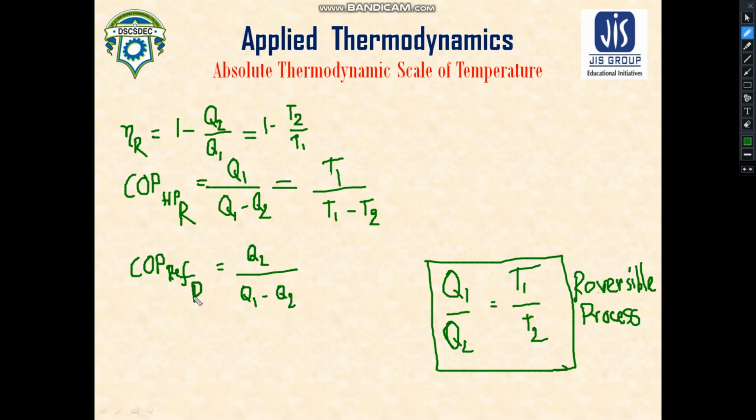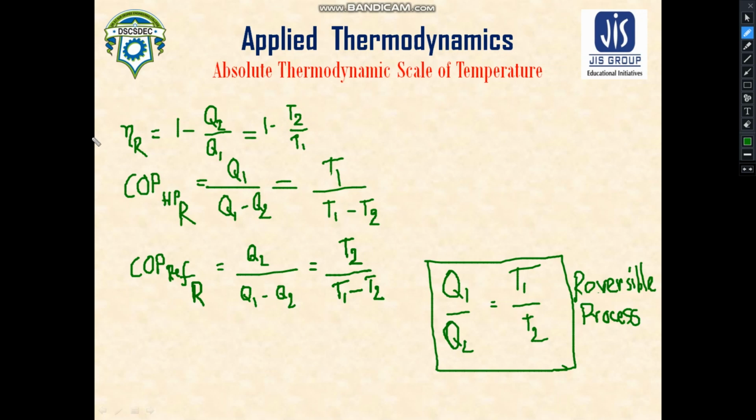Now when it is mentioned that a reversible refrigerator is in operation, then along with the formula in the heat transfer formats, you can write this also in the temperature format. So this is how the formulas of the refrigerator in reversible cases can be rewritten.